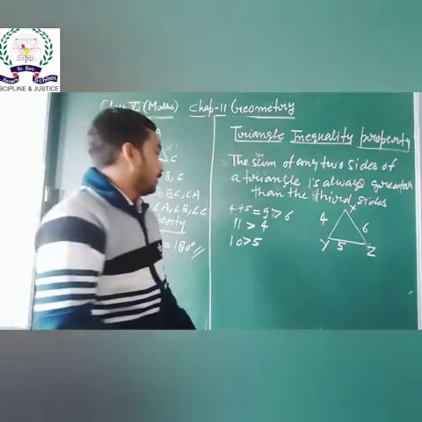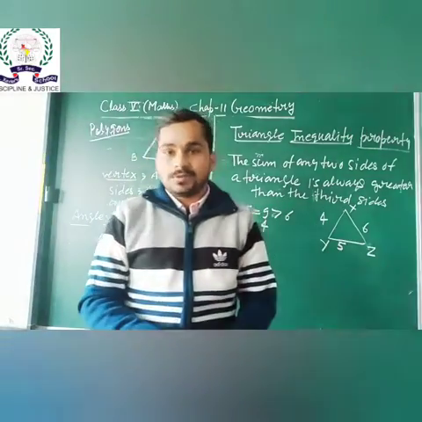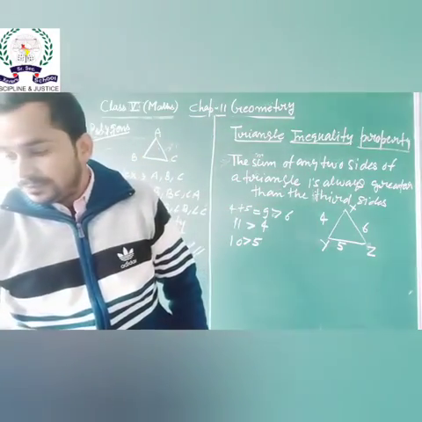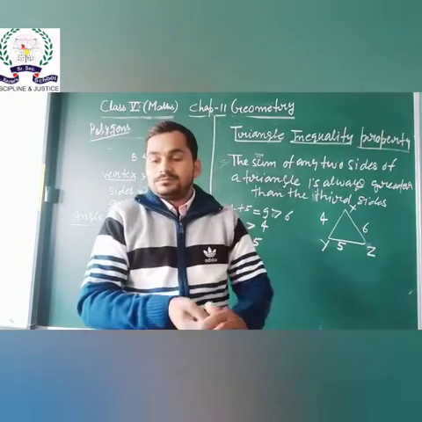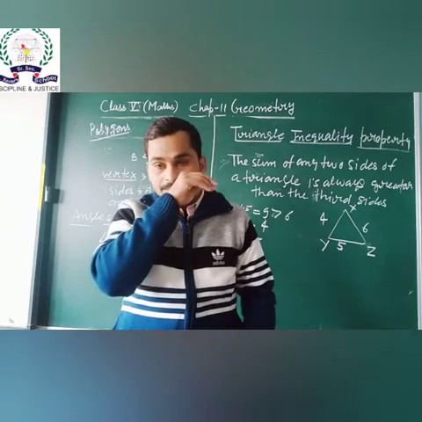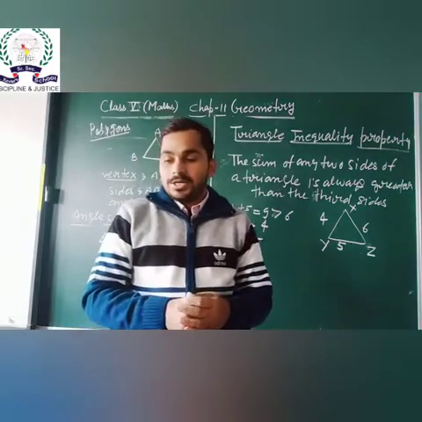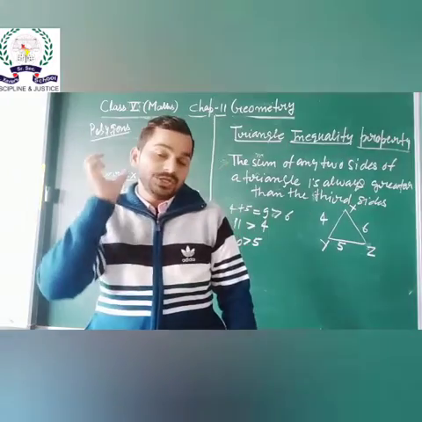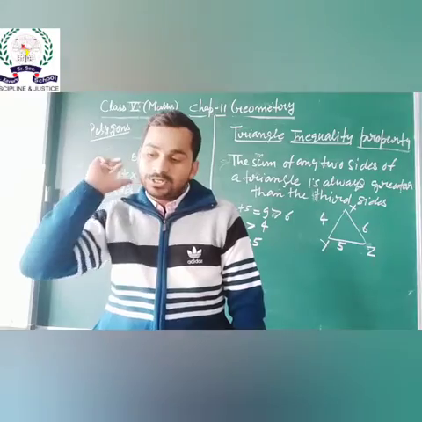On the basis of angle, an acute angle triangle when all the angles of the triangle are acute, and obtuse when one angle is more than 90, that means one angle is obtuse, then the triangle is called an obtuse angle triangle. And a right angle triangle when one angle is a right angle, that means one angle is 90 degrees, then the triangle is called a right angle triangle.